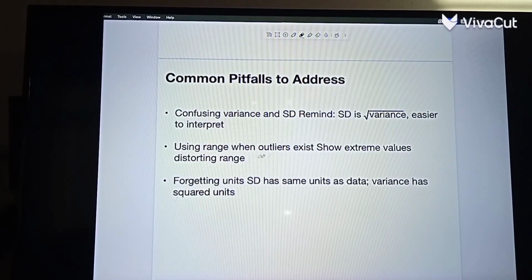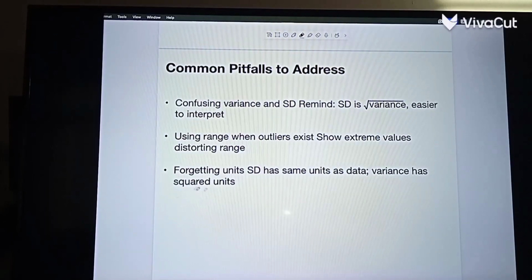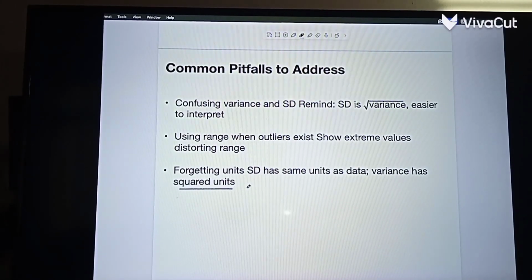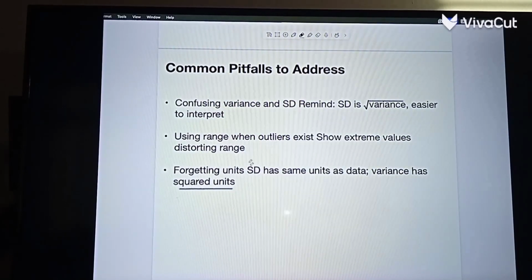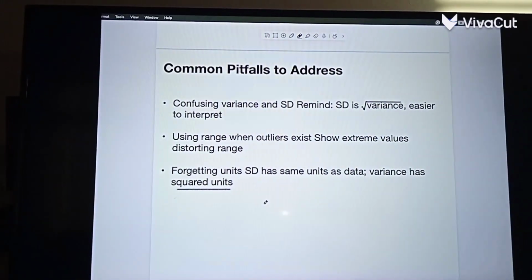Using range when outliers exist will damage the data. For units, standard deviation has the same units as data, variance has squared units. That is, the answer will be the unit squared in case of variance. But in standard deviation, you will just get a simple unit.